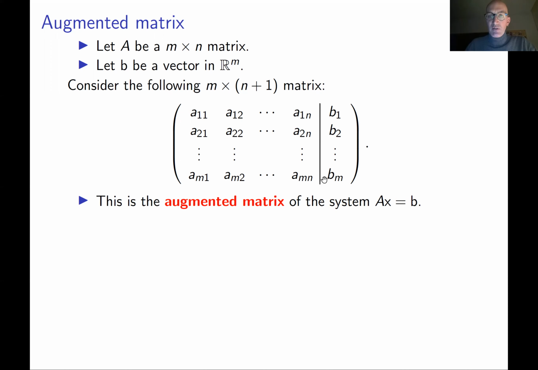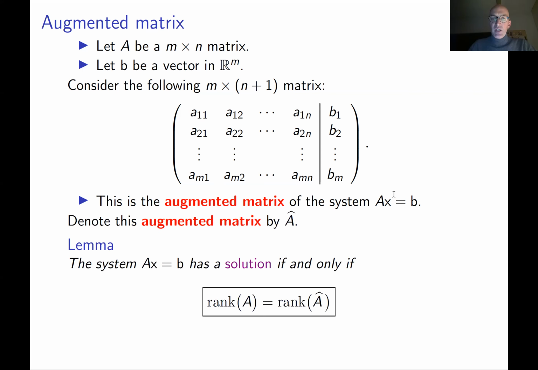Usually this is called the augmented matrix of your system of linear equations, Ax equals B. Of course, its size is m times n plus 1, because we added one column. Again, this is just a shortcut, a matrix translation of this system of equations.